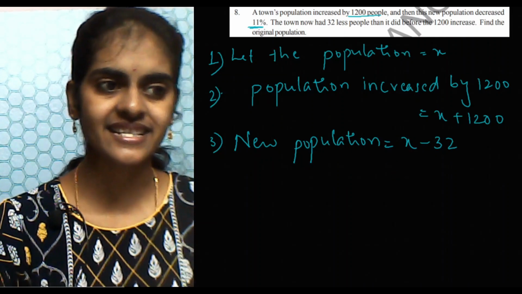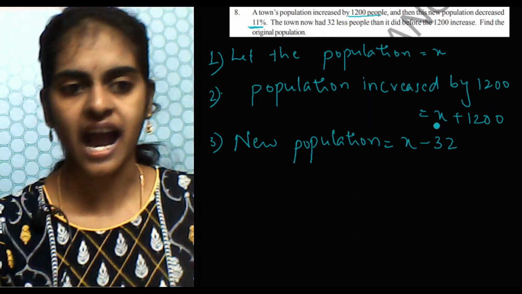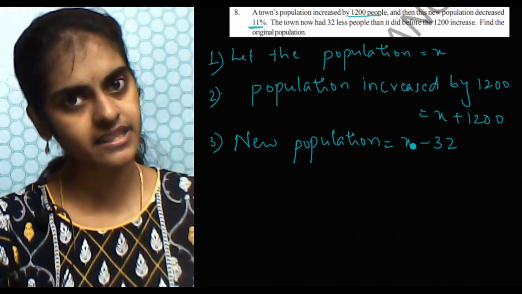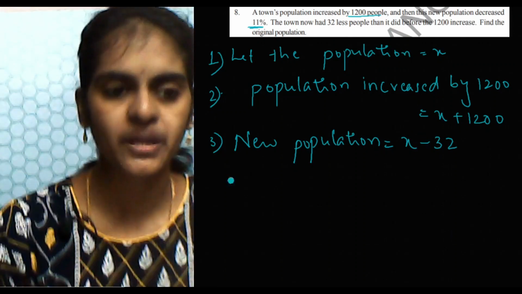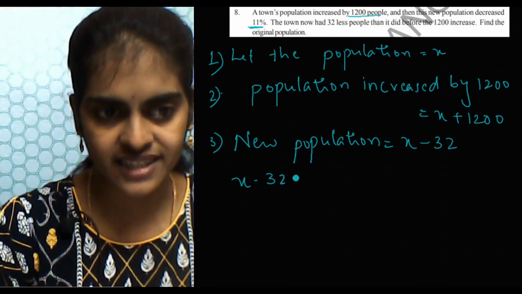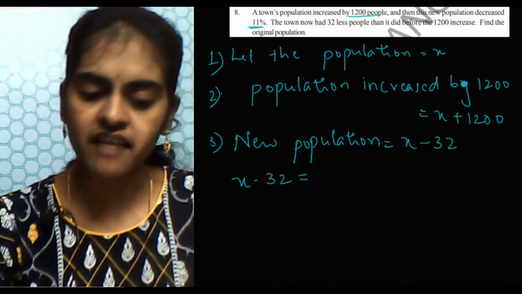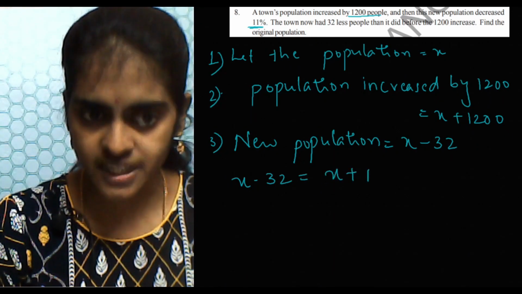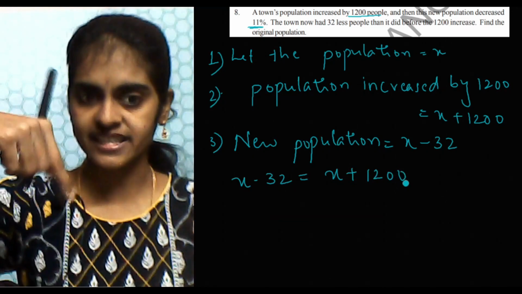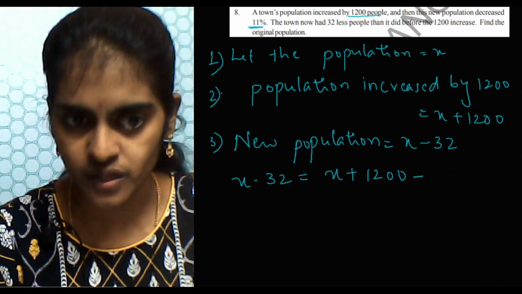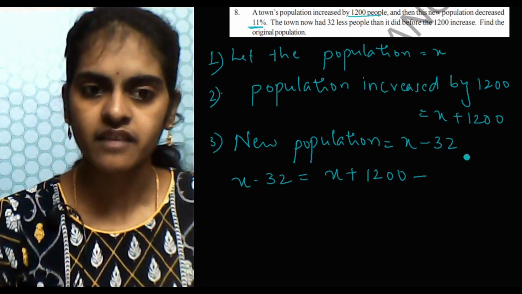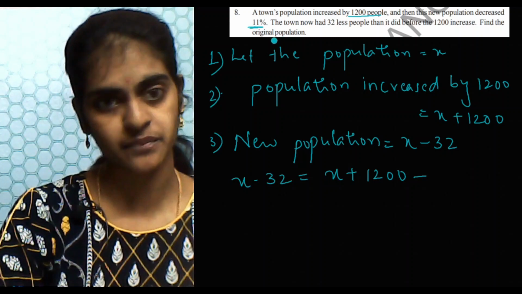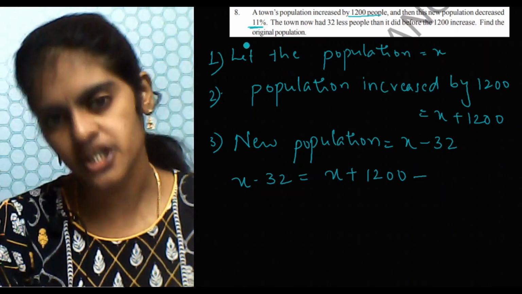So now let us write the step. After decreasing this population by 11%, you are getting x minus 32. How will you find it? Taking this population, you have a decrease, so you subtract. How much has it decreased? 11%, on which population?